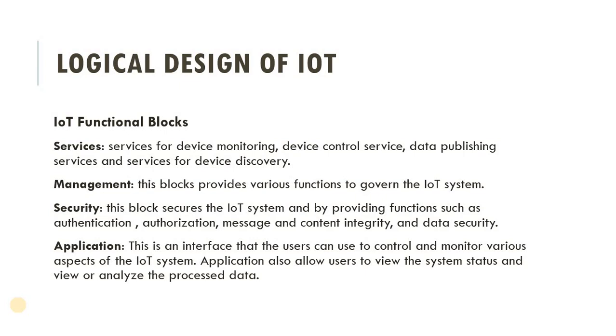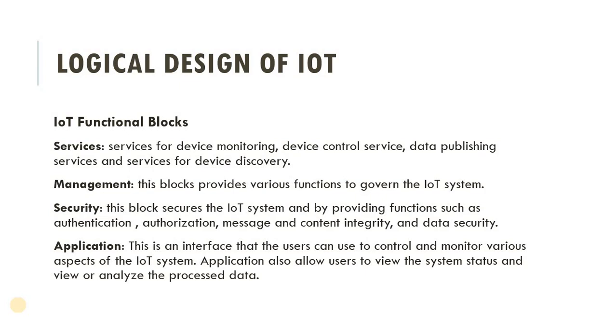Next is management. We are providing different services, but the management of all those services is required. So this block provides the various functions to govern the IoT system. The next is security. This block secures the IoT system and provides functions such as authentication, authorization, message and content integrity, and data security.